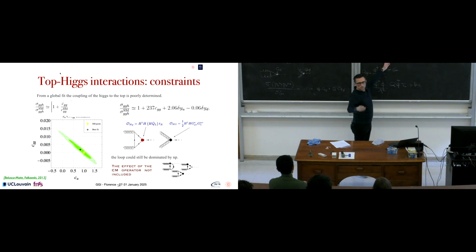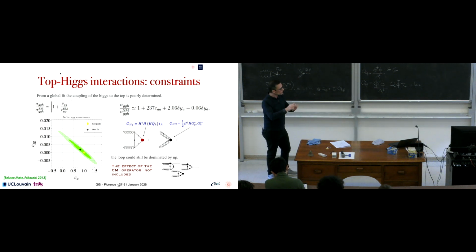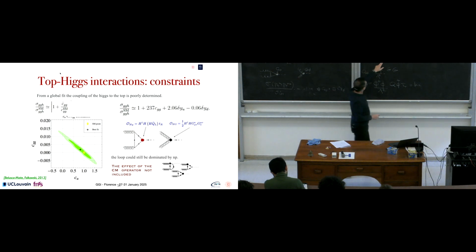It's the same that Ian has shown you. Ian showed the weak dipoles, the W and the B, I think. And this is the analog one, but with the strong interaction. So this gives rise to an anomalous interaction. It's a very interesting operator.